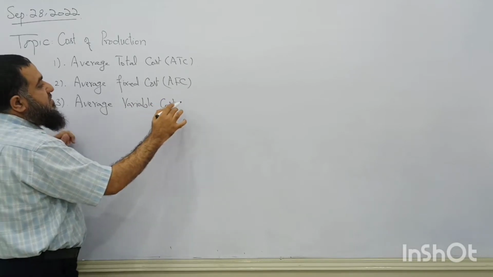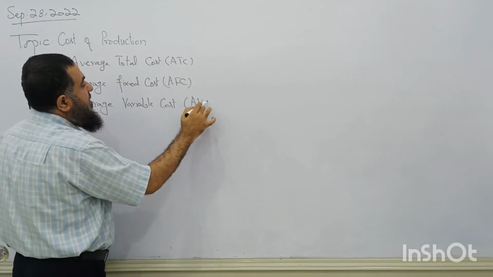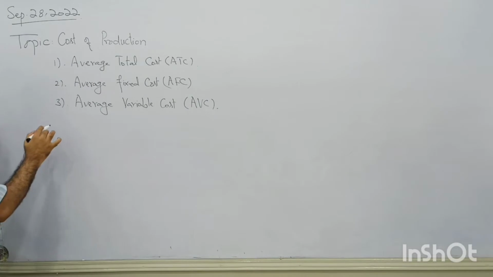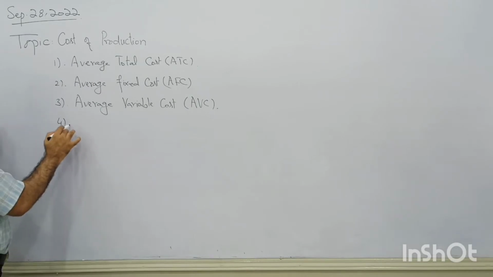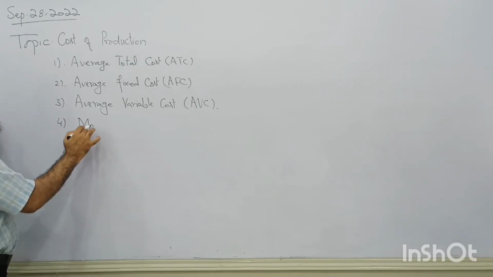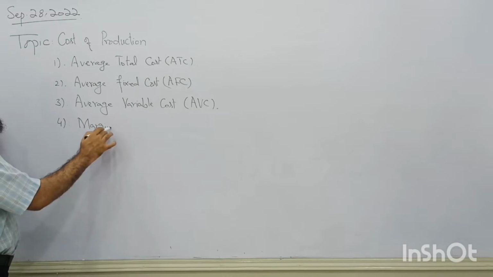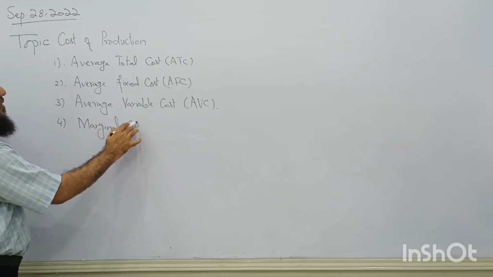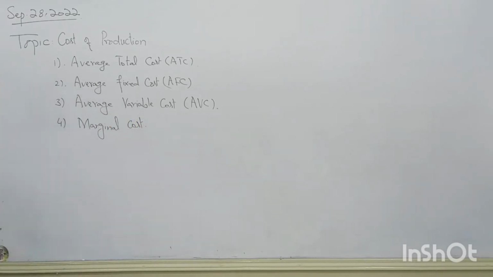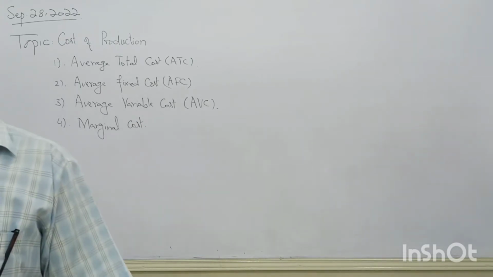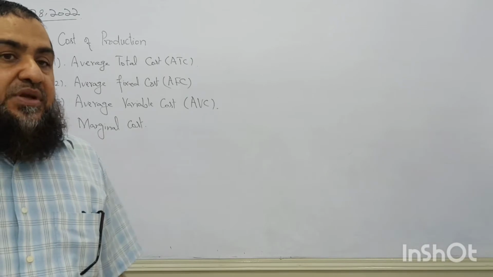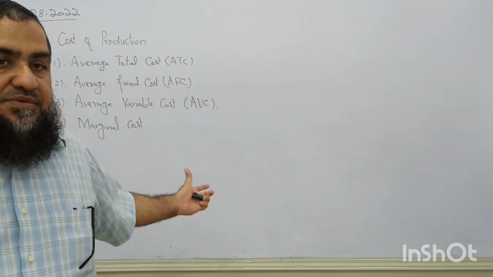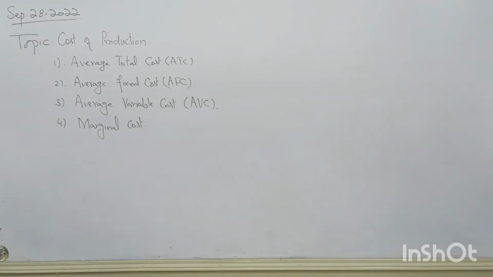What is it? So the last one is marginal cost. So how can we find all these values? We will also make a table to understand the different types, different shapes of these costs.